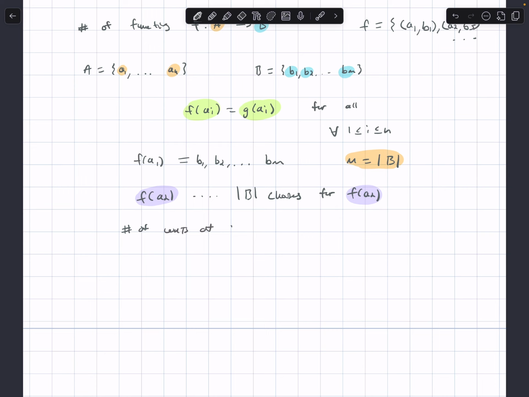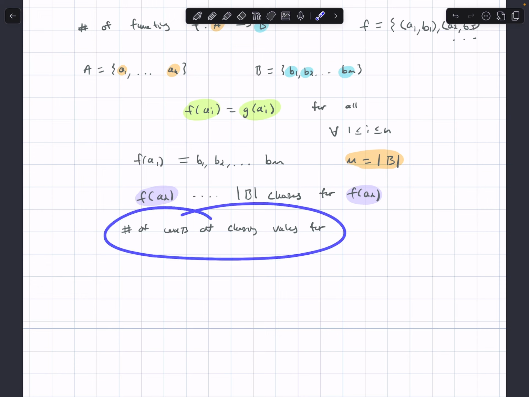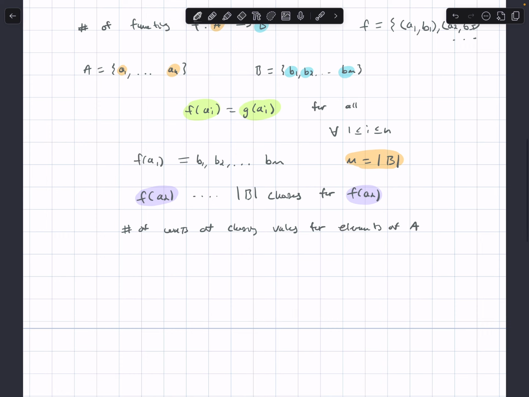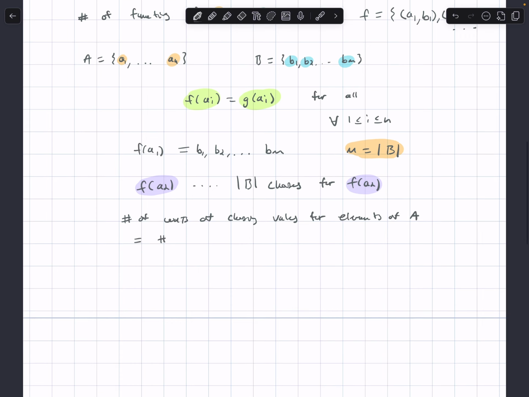So the idea is that the number of ways of choosing what we call values, so the value of a2 under the function f is the element of b that f sends a2 to, right? The number of ways of choosing the values for the elements of a is the number of functions from a to b.